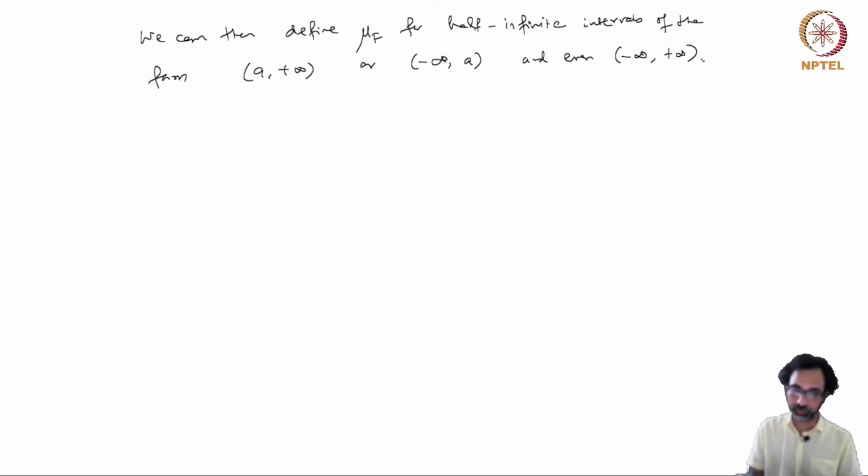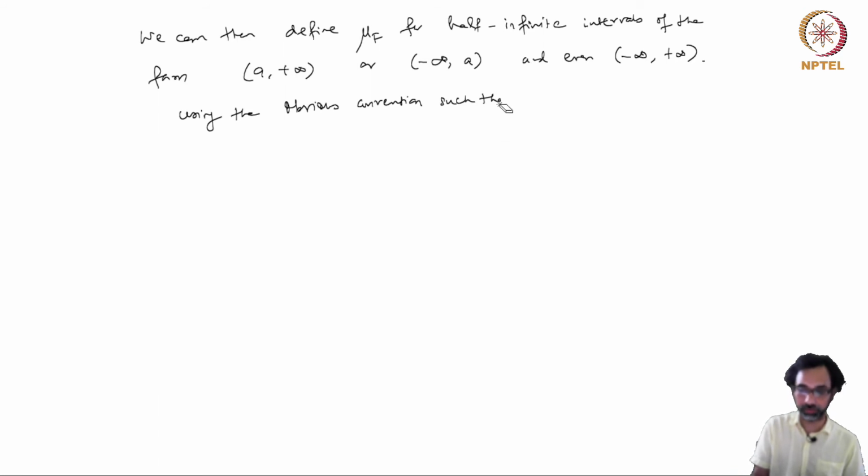So we can use the exact same formulas we have used before, just by taking these values for f minus and f plus on plus and minus infinities, and then using the obvious convention, such as if you take plus infinity minus infinity is going to be plus infinity, and so on.